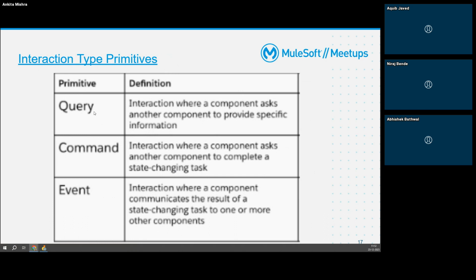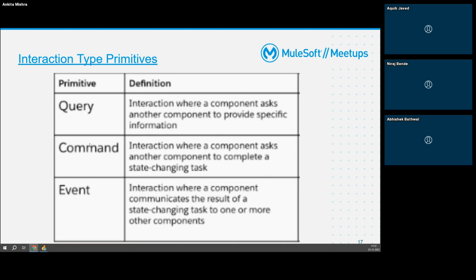So query is for retrieving data, and command is for adding, deleting, or updating data. Now, what is event? Event is a kind of interaction where a component communicates the result of state changing tasks to one or more other components. So, for example, you ordered something from Amazon. Let's say you ordered a book. The moment you ordered a book, what will happen? The book will be added to your cart.